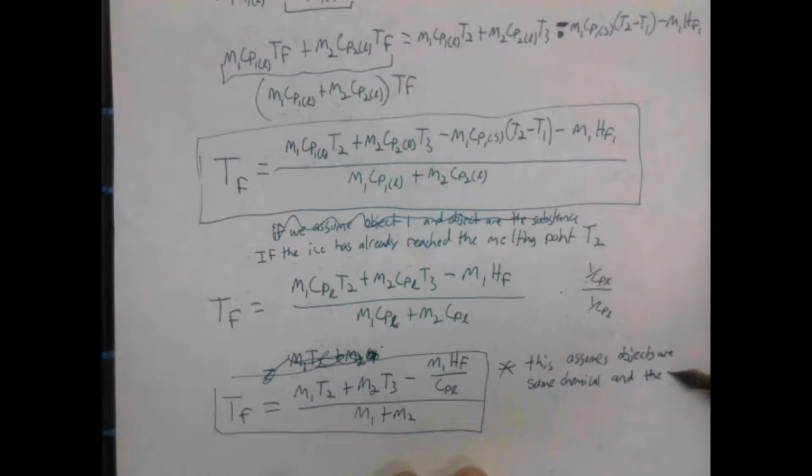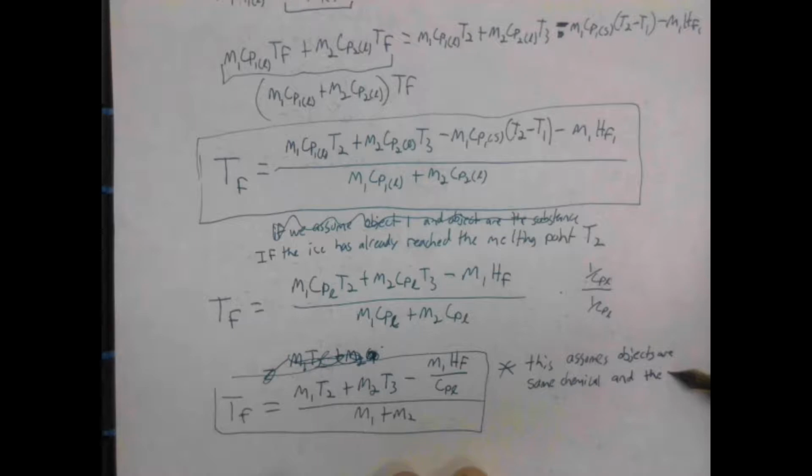So if we have 0 degrees Celsius ice and we have 50 grams into 80 degrees Celsius 200 gram water, what would be the final temperature?